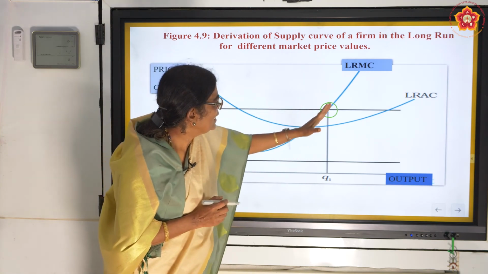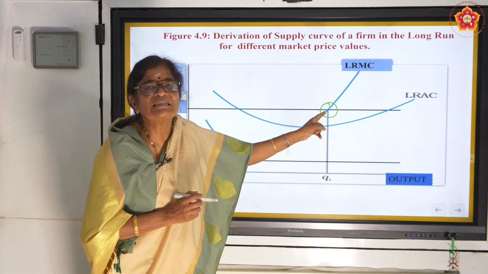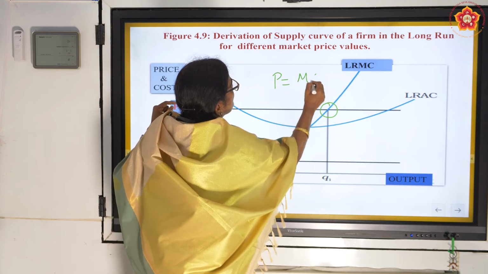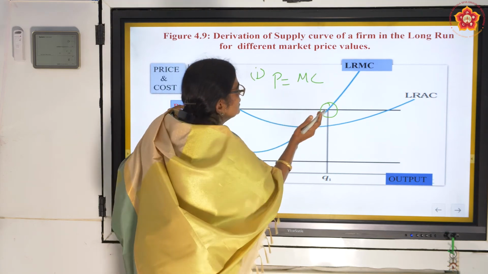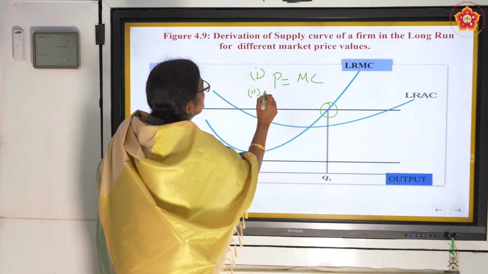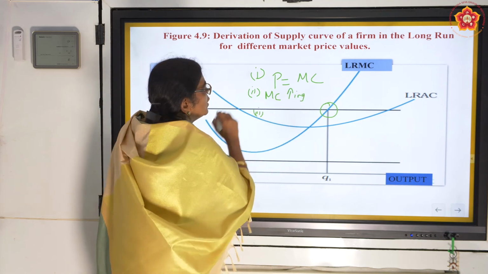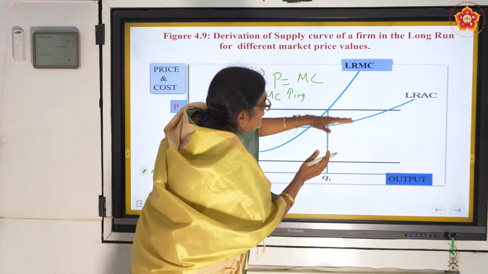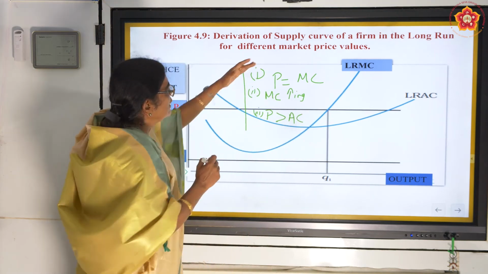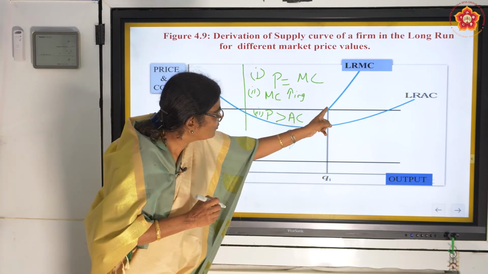The price line and the rising part of the LRMC intersect. When they intersect, what condition do we get? P is equal to MC. That is the first condition. The second condition is what? MC is not decreasing, MC is increasing. And the third condition is what? Price is greater than AC. Therefore, all three conditions needed for the profit maximizing level of output are met at this point.